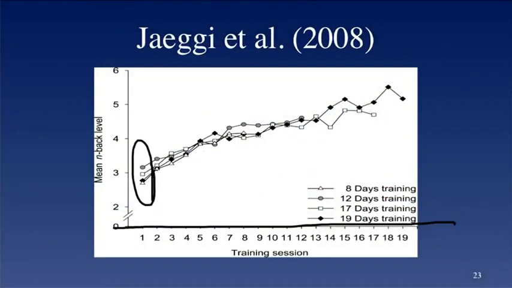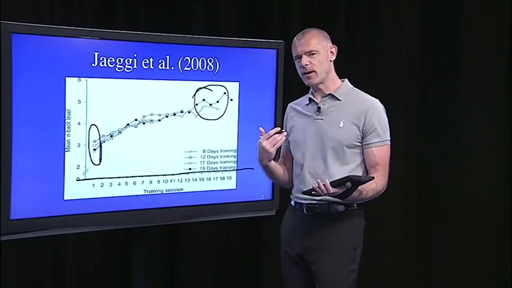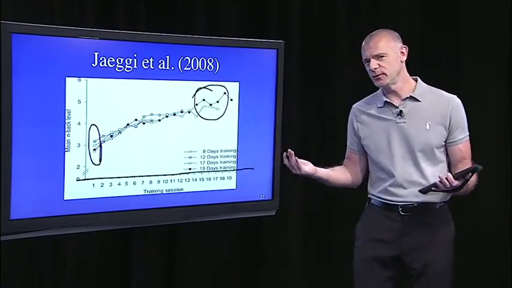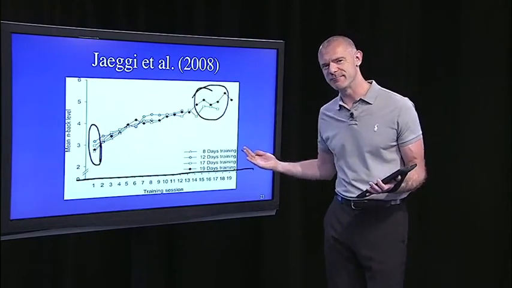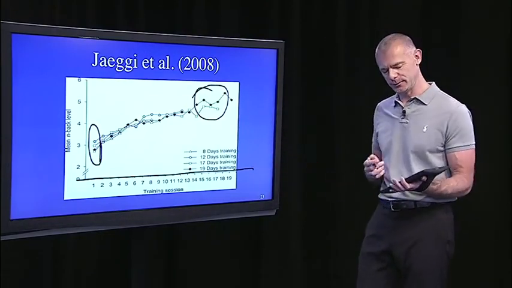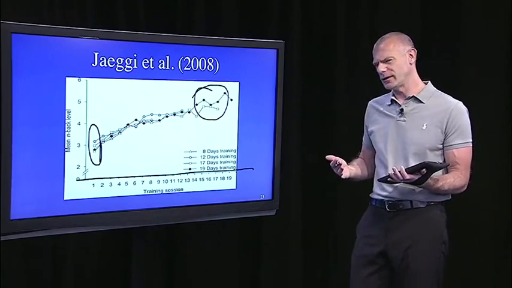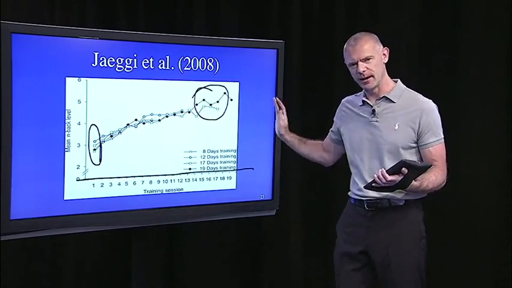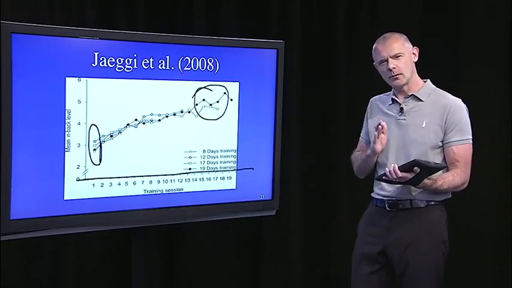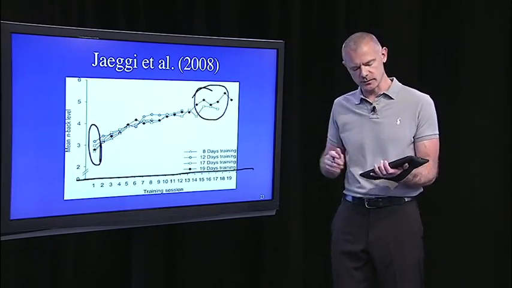But what you see is over many, many training sessions over weeks, subjects get up to like 5, 6-back. I've been doing working memory studies for 2 decades. I can't imagine myself doing 5 or 6-back in the N-back task. It's very difficult to do. So these people, they trained something. I'm not sure exactly what they trained, but they trained something and they got really good at this task. The question is, did they do better on the intelligence test?